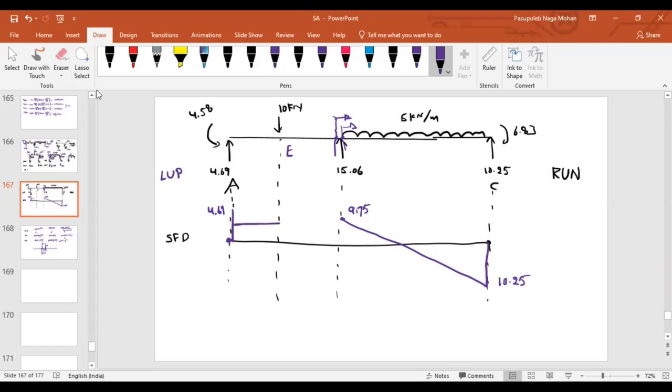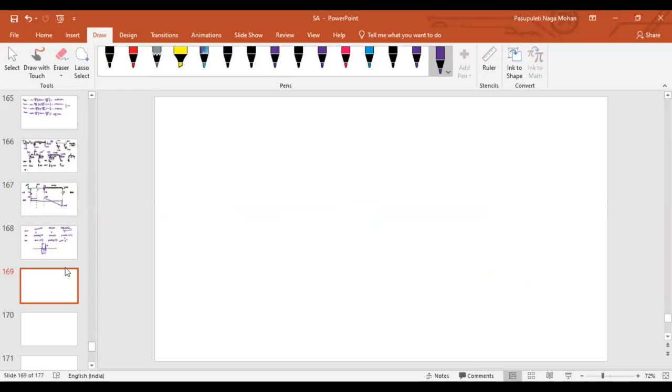Constant. And then at E, there is a sudden decrease in load. Then what is the shear force at point E? Let me tell you. Let me explain one case. Wherever there is a concentrated force, wherever there are reactions, we cannot define the shear force at that point, isn't it?